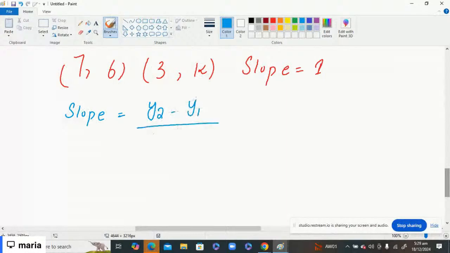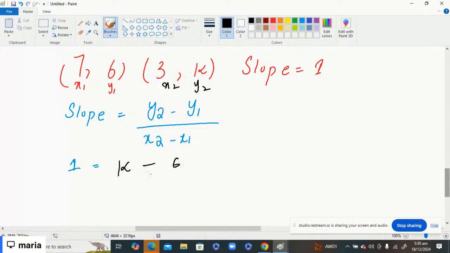Slope is y2 minus y1 over x2 minus x1. What is the slope? That is 1. So now putting the values for x1, y1, x2, y2. This is your x1, y1, x2, y2.